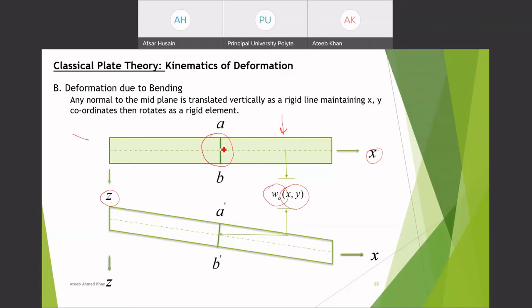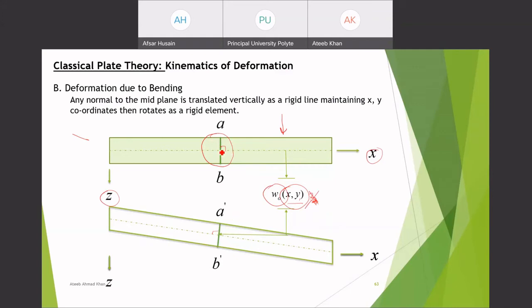But as you can see, in classical plate theory, the transverse normal before and after bending remains perpendicular to the mid surface, and it does not experience any elongation. That's why it is not dependent upon z and only on x and y, because the transverse normal cannot experience any elongation as per the assumptions of the classical plate theory.